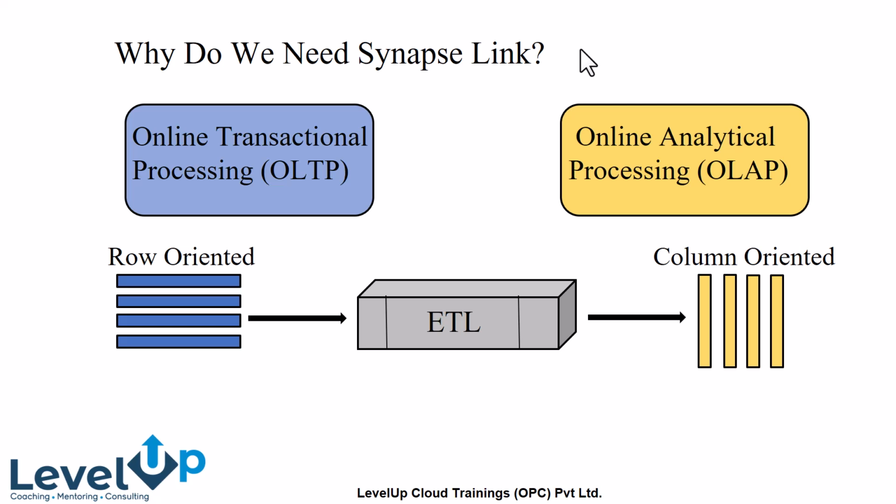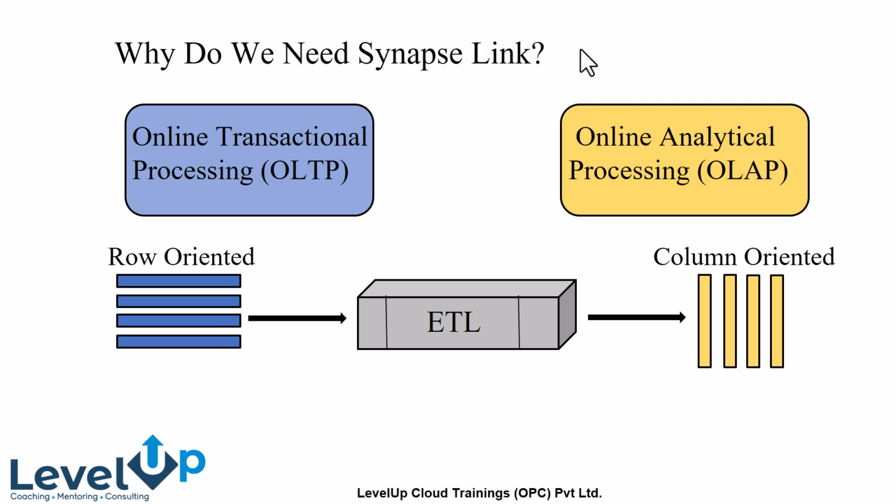Whereas the architecture for analytical processing, which is OLAP, is designed to deal with large amounts of data, including historical information used for reporting and identifying patterns.